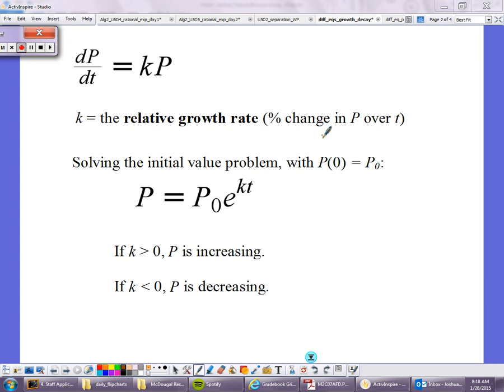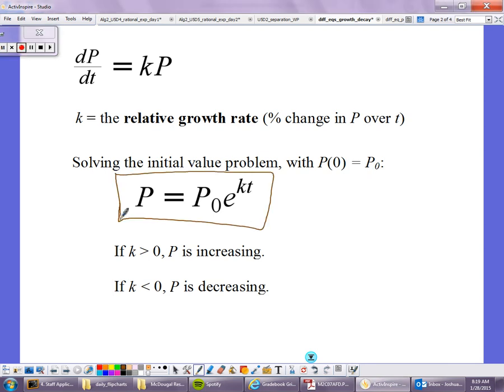You get the idea. Okay, solving the initial value problem with P(0) equals P0, we get this equation. This is our basic exponential growth equation: P at some time t equals P0 times e to the kt.